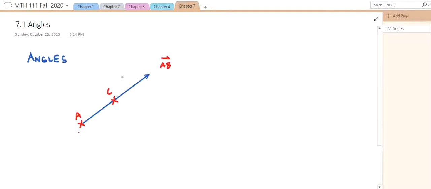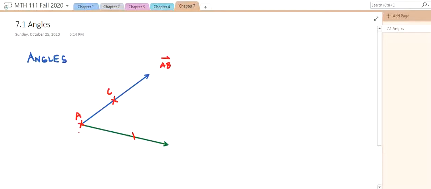Okay, so if we have another ray that has the exact same start point, A, and heads off in a different direction, maybe we will call a point on this C. I'm going to have to change what I called that other point up there.